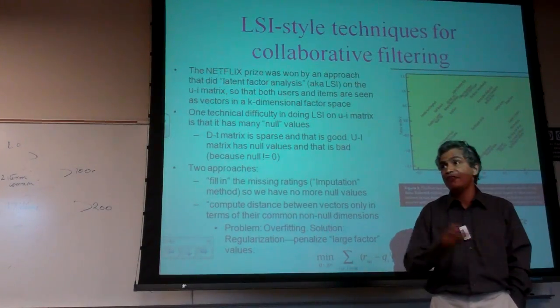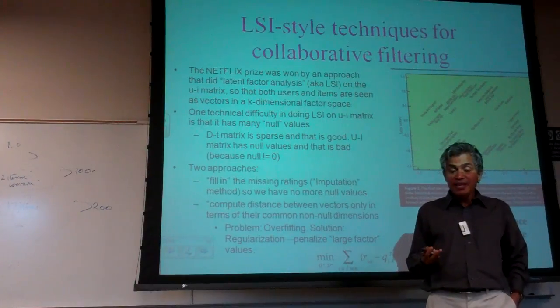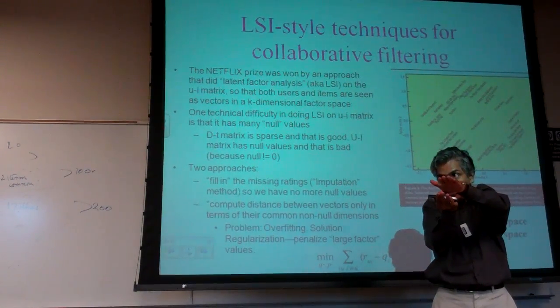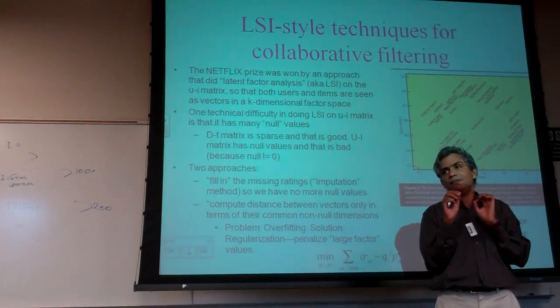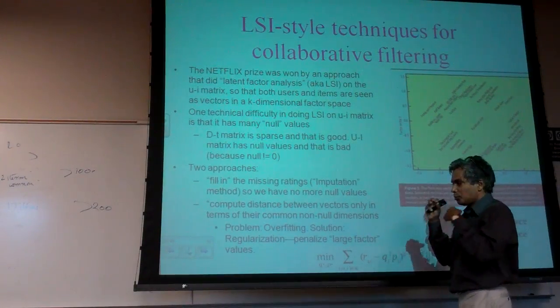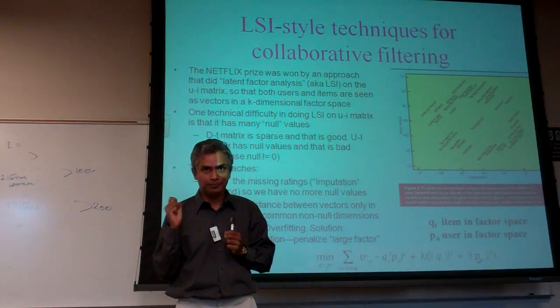Most items probably haven't been rated by most people, which means that when you take two random users, the common items that they've rated are likely to be even fewer, right? And so there is this problem that you are making decisions based on small amounts of information.